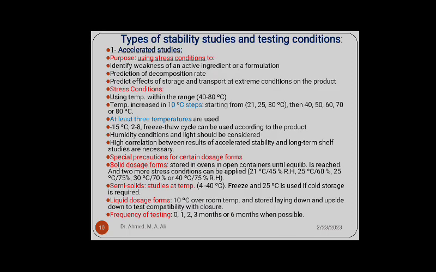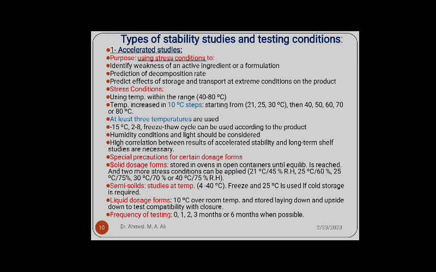Types of stability studies and testing conditions. Number one, accelerated study. An accelerated study uses stress conditions to identify the weakness of an active ingredient or a formulation, predict the decomposition rate, and predict the effect of storage and transport at extreme conditions on the product. For stress conditions, we can use temperature with a range of 40 to 80 degrees centigrade.